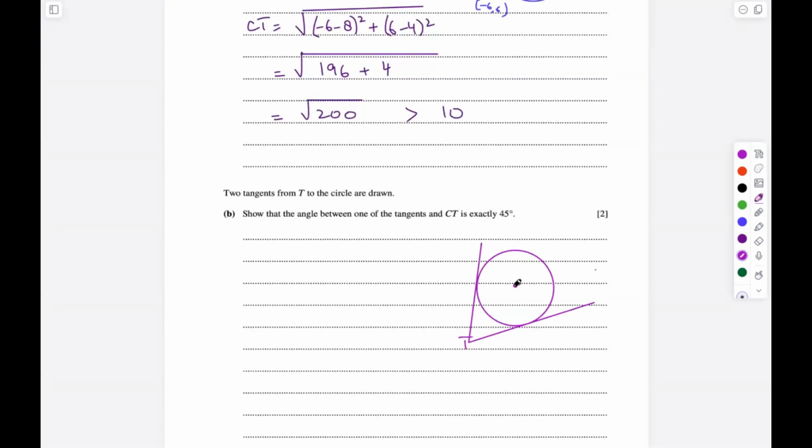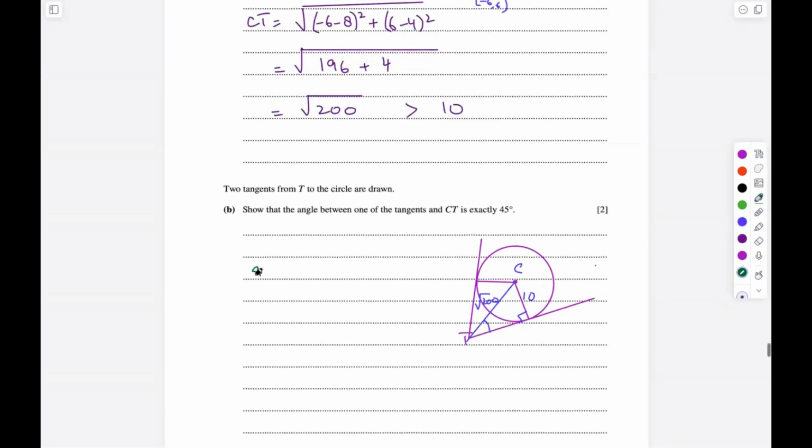Now, to show that the angle, we can first make a line over here. And we know that a tangent makes a right angle with the radius at the point of contact. Now, the distance CT is already known. We know that this distance is square root of 200. The radius is 10. So to show that the angle between the tangent and CT is 45, we know this is a right angle, so we can use opposite over hypotenuse.